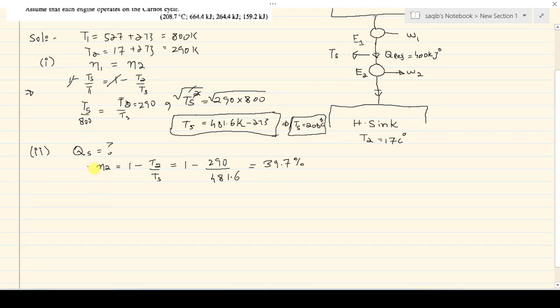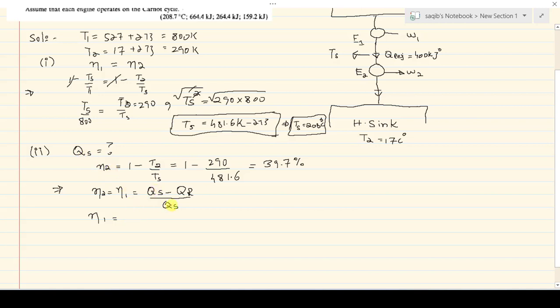So now we have to find this Qs, the heat delivered by the heat source. The efficiency is equal to the efficiency of the first engine. We also know that efficiency is equal to heat supplied minus heat rejected, divided by heat supplied. I am talking about the first engine because heat is supplied to the first engine from the source Qs.